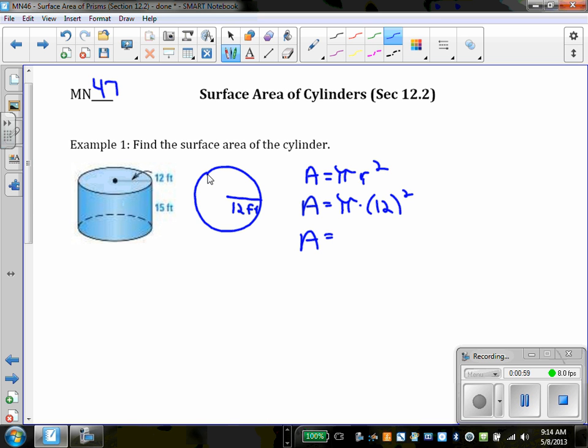So we have 12 squared, which is 144. I multiply that by pi. So the area of this circle is 452.4 feet squared. Now there's two of those, so we're going to multiply that by 2 because there's two circles.